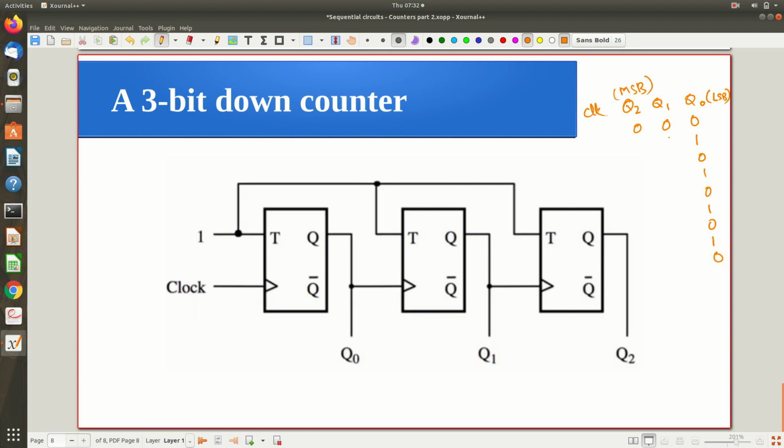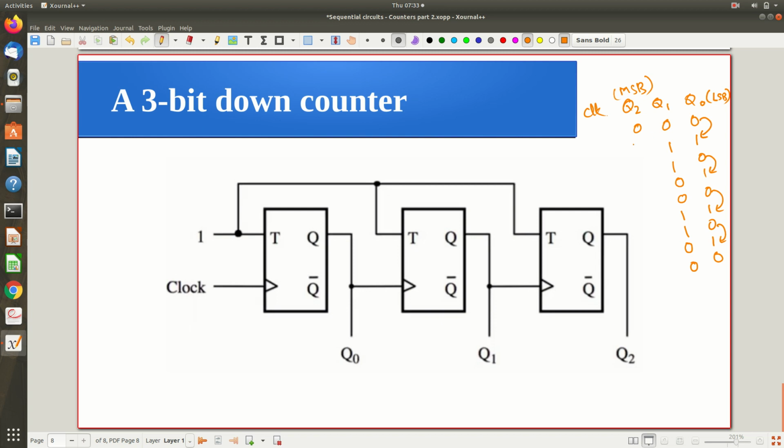Q1 is triggered by Q0. Whenever Q0 has a transition from 0 to 1, only at that time Q1 triggers, means it will toggle, and then it will retain. Again during the next 0 to 1 transition it will toggle, then retain, and so on.